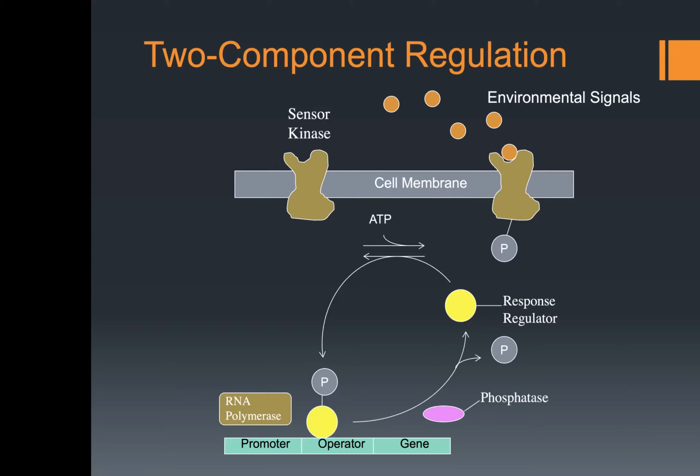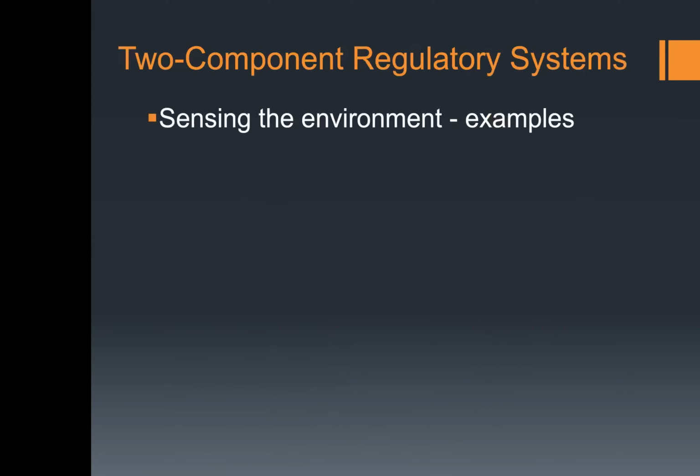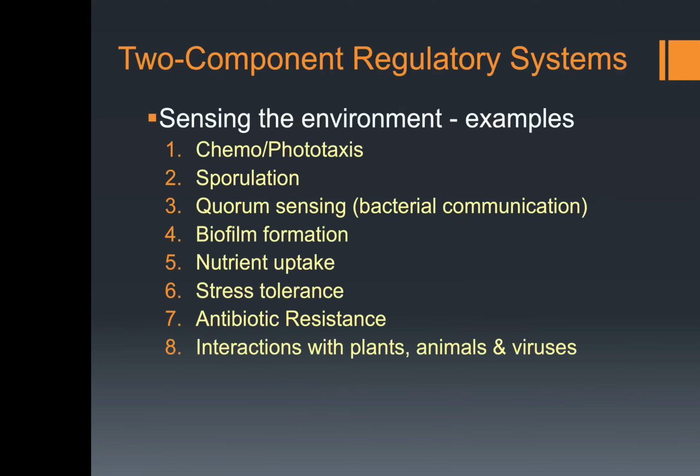Okay. So these two component regulatory systems are very common. They've evolved long ago. And so there's lots of different examples. So for example, in chemotaxis and phototaxis that I just alluded to, sporulation that I just described is under two component regulatory control. Quorum sensing, which is a form of bacterial communication that we'll talk more about later this semester.